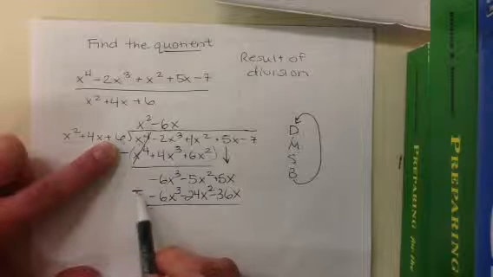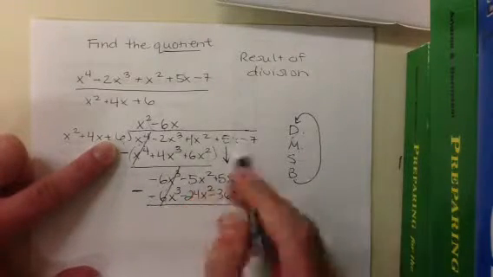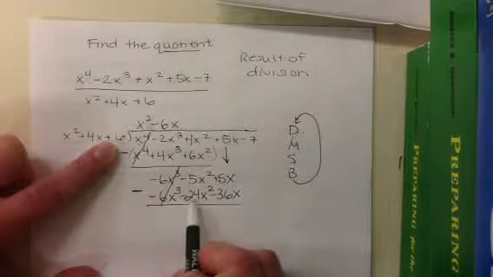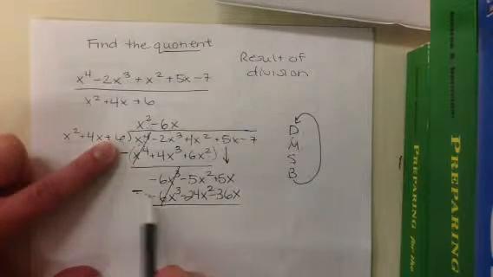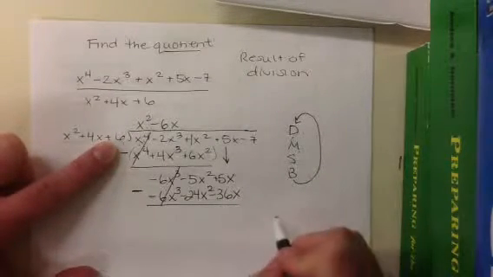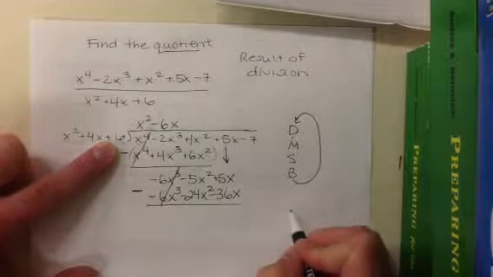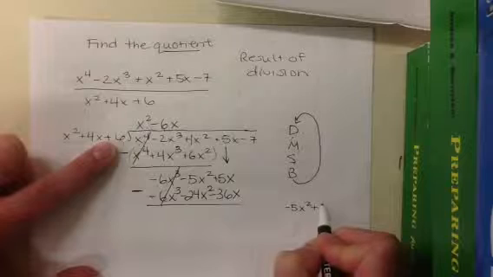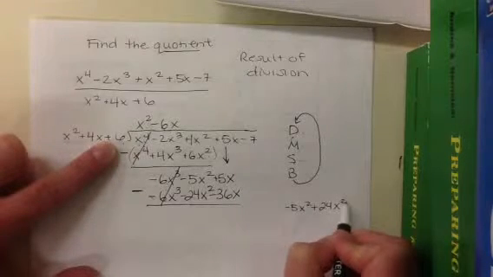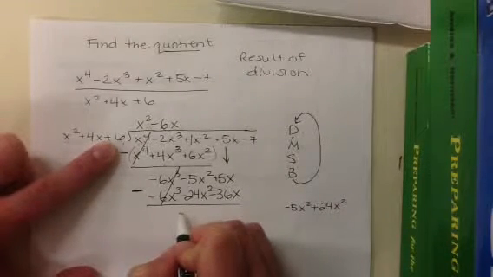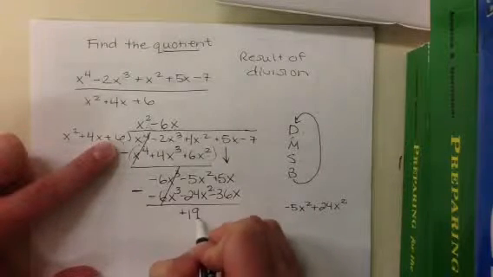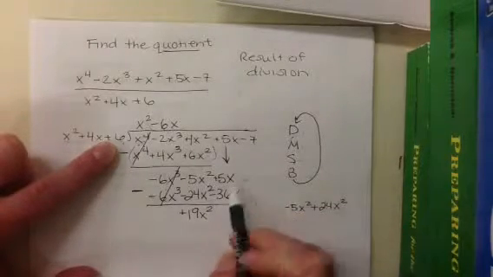Negative 6x cubed minus negative 6x cubed, those cancel. Negative 5x squared minus negative 24x squared. Remember, this minus and this minus are like a plus, so it's really negative 5x squared plus 24x squared, which becomes positive 19x squared.